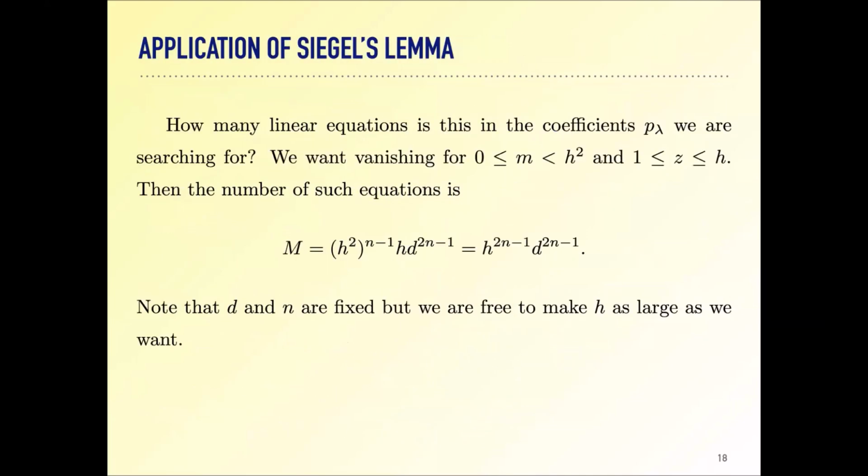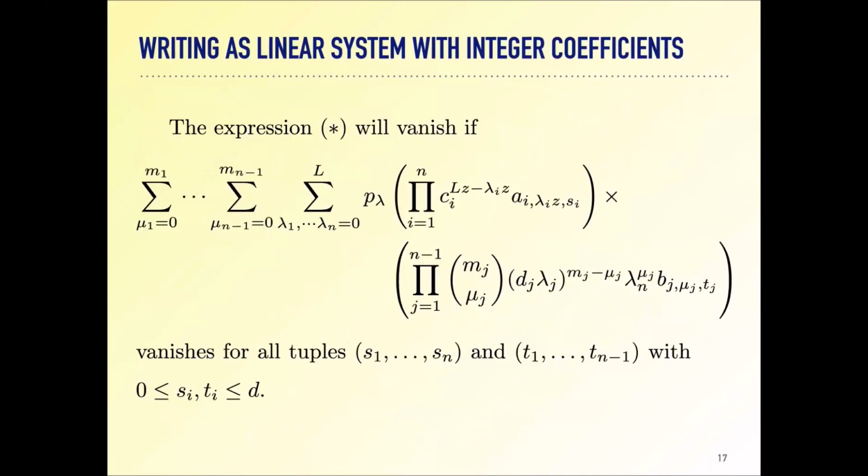And then I'm going to multiply by a large enough power of this c_i. So if I multiply by c_i to the L z, then somehow I get enough powers of c_i that I can apply my previous result, that I can write c_i times alpha i to any power as an honest integer linear combination of the previous ones.